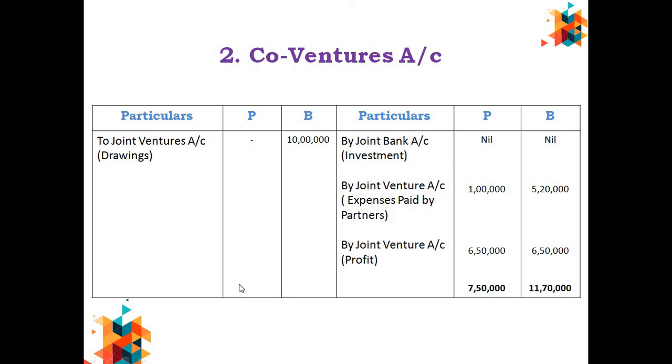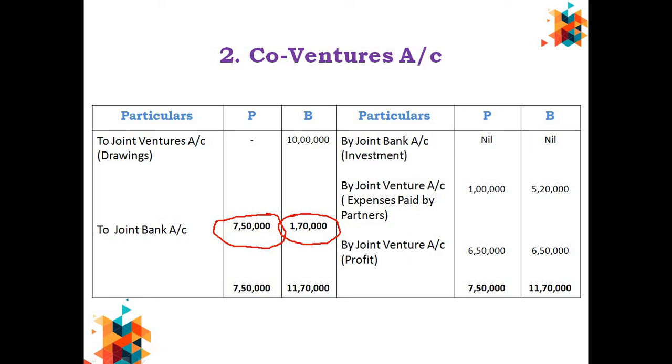This amount we should write again on the debit side, and from this amount we should deduct the drawings. When we write 11 lakh 70 minus 10 lakh, how much do we get? 7 lakh 20 as the balancing figure. Here there is nothing to deduct and the amount is nil, because Prabhu has not withdrawn anything. 750 minus 0 is 750.